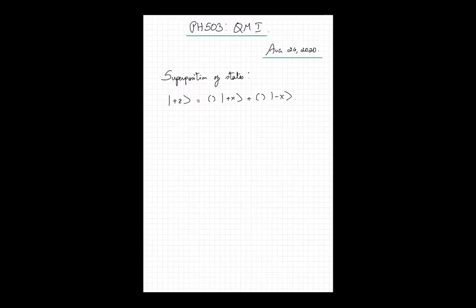This is what is called the superposition principle that is central in quantum mechanics. The superposition principle states that if you have two states, then a linear combination of these states of this particular form is also a valid state.